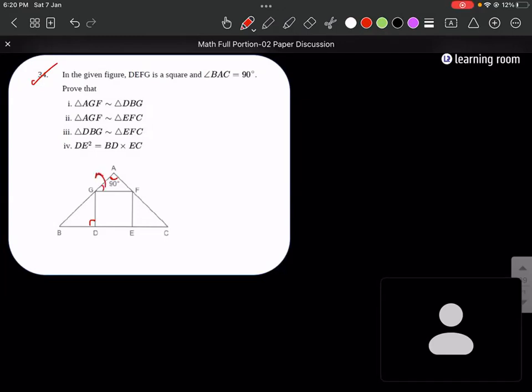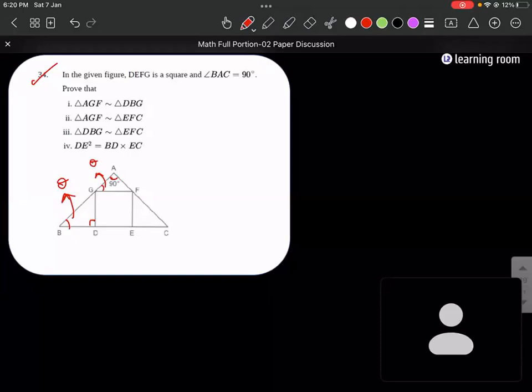If I take this angle AGF to be theta, it will be equal to this angle DBG. Why is it so? Corresponding angles. Correct. Okay. So according to AA criteria, the triangles are similar. Which two triangles are similar? AGF and DBG are similar. Correct. Next, what about AGF and EFC?